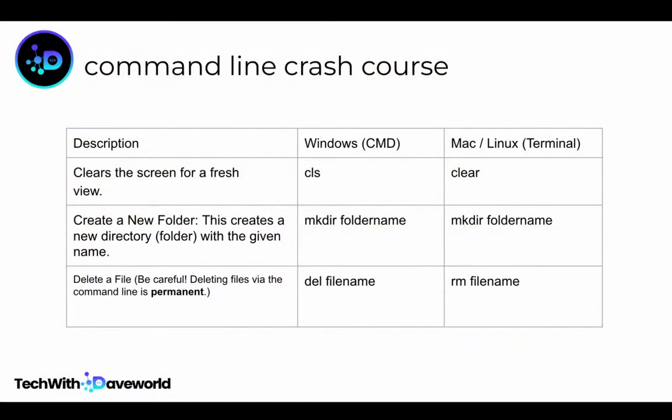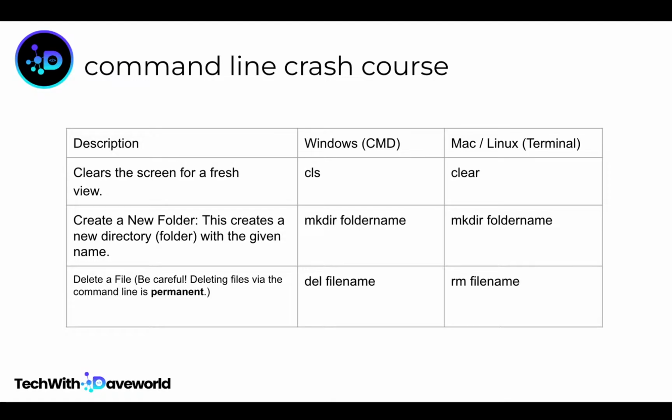All right. So for Windows, if you are deleting via command line, you're going to use the command del, then the file name that you want to delete. Don't worry if you don't really understand what I'm saying. Once we get to do the practical, you're going to understand better, and we're going to do that very soon.